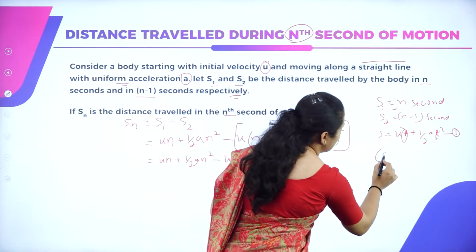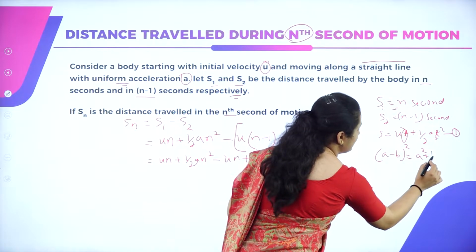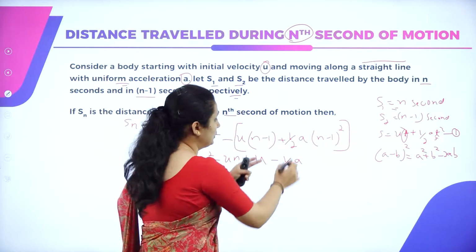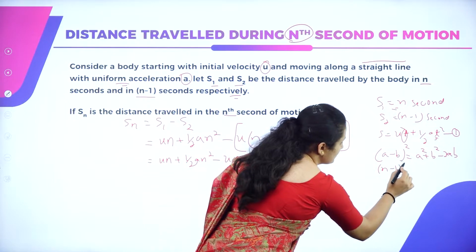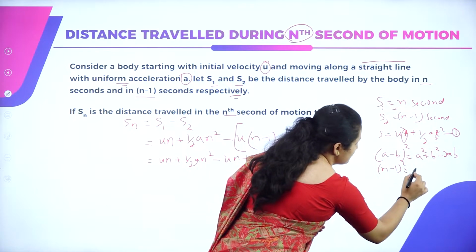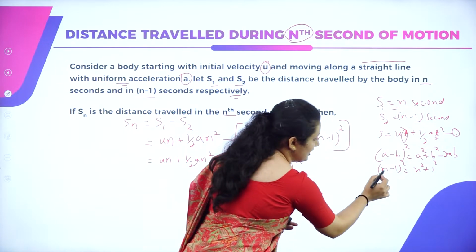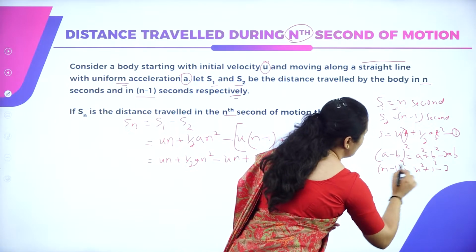You know the mathematical formula of a minus b whole square. It is a square plus b square minus 2ab. When you have n minus 1 whole square, what is your value here? It is n square plus 1 square minus 2ab, where this is your a and this is your b.